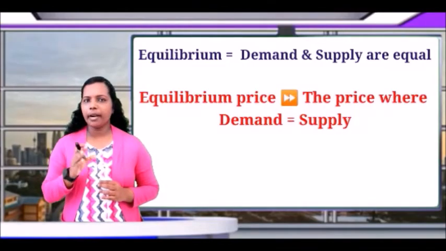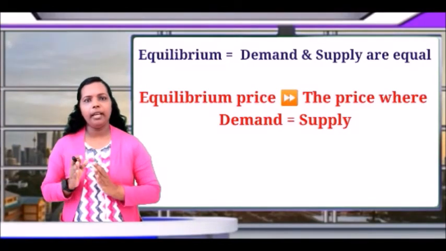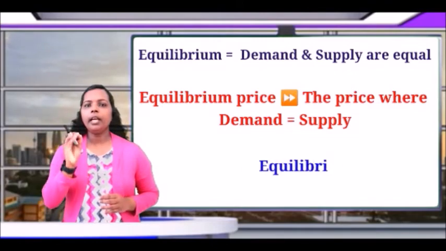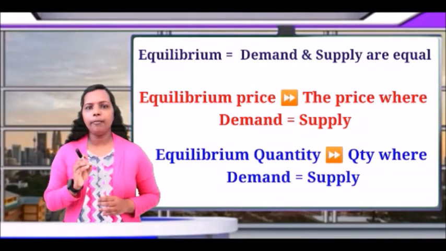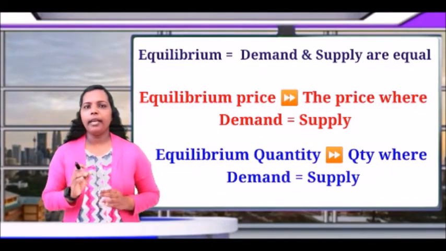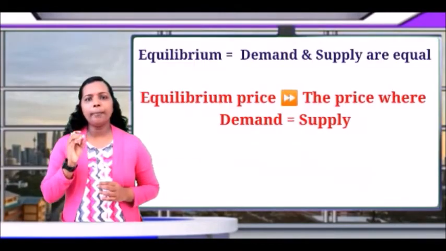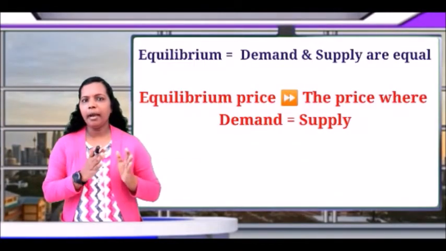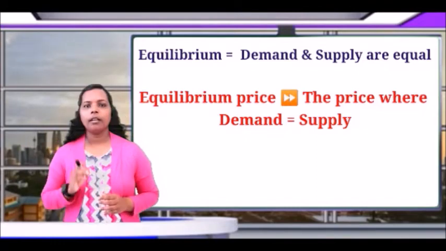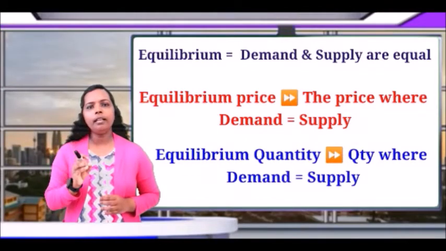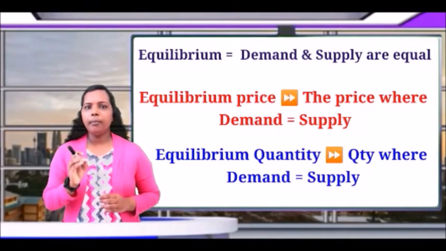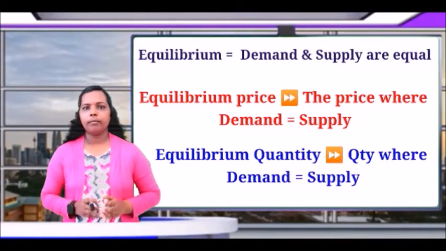Equilibrium price is the price where demand and supply are equal. Then, equilibrium quantity is the quantity where demand and supply are equal.